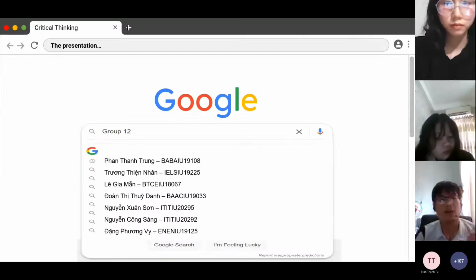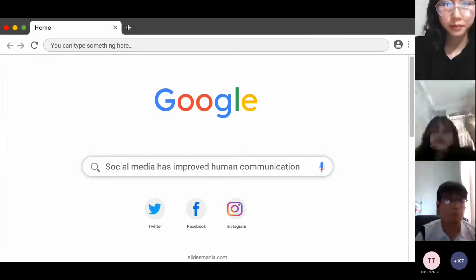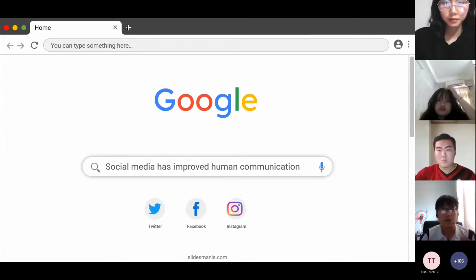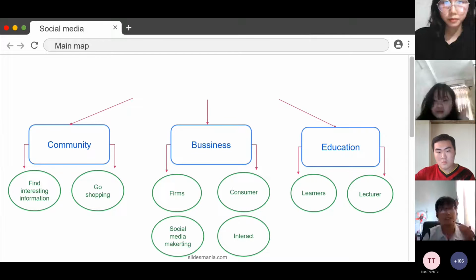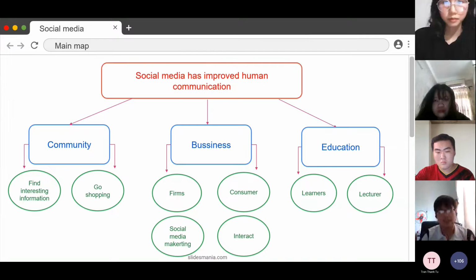Hello everyone, I'm Trung and also a member of Group 12. This is all the members of the group, including 7 members. In general, after discussing together, we agree that social media has improved human communication. And we will present how social media has improved communication in community, business, and education.